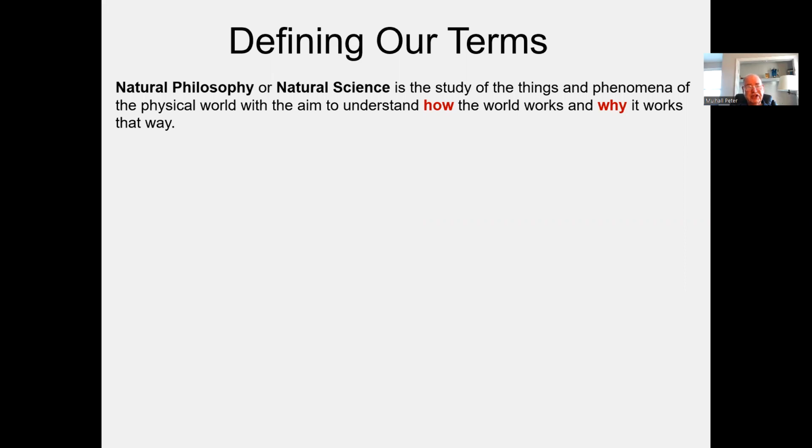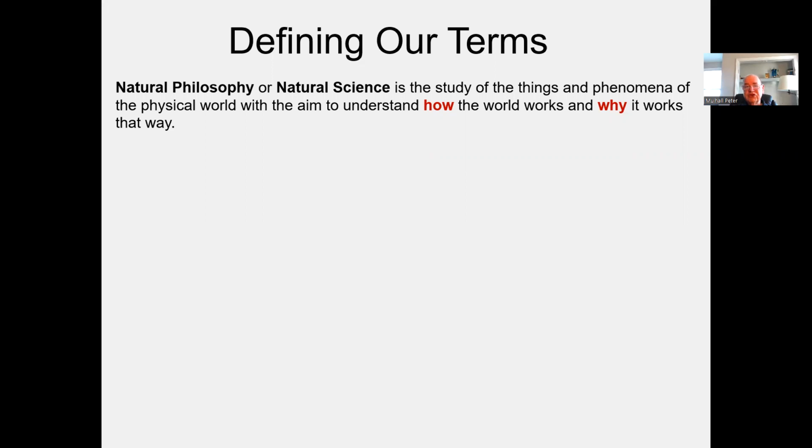Certainly not social science in any way. The physical sciences, the major ones of physics, chemistry, astronomy, biology, all the physical sciences. And our working definition will be the study of things, objects, and phenomena of the physical world, with an aim to understand how the world works and why it works that way.